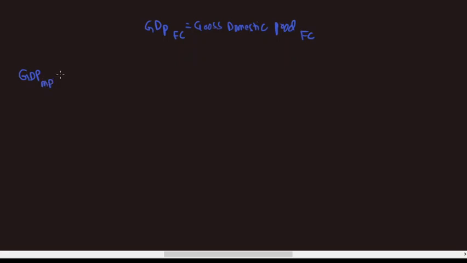GDP at market price. Now understand what is GDP at market price. Whenever the market price is included, it includes what?